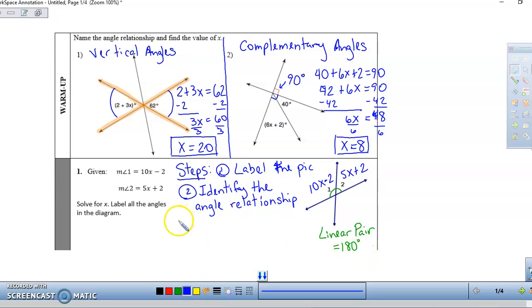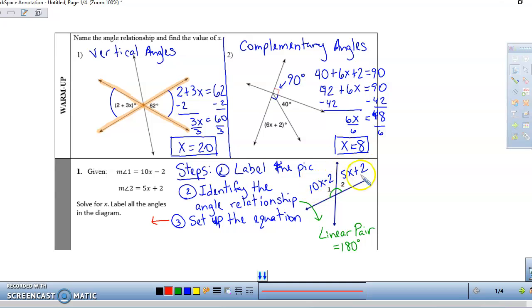So step 3, now that you've identified the angle relationship, is you set up the equation. Okay, so the angle relationship is that. And then over here, we'll set up the equation. So in this particular case, linear pair add up to 180.